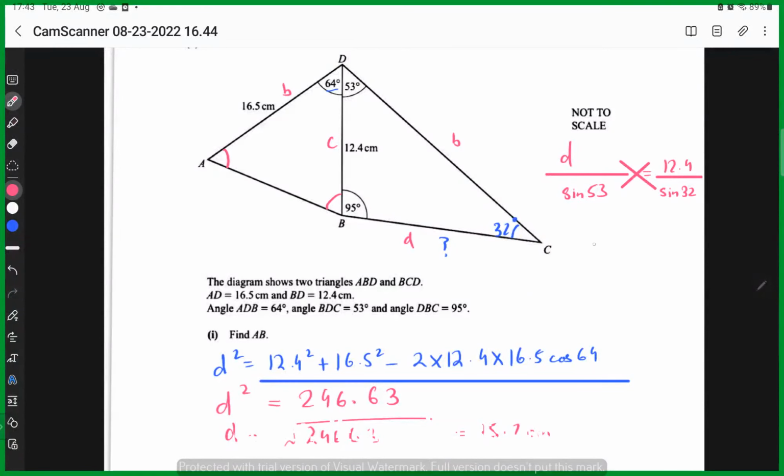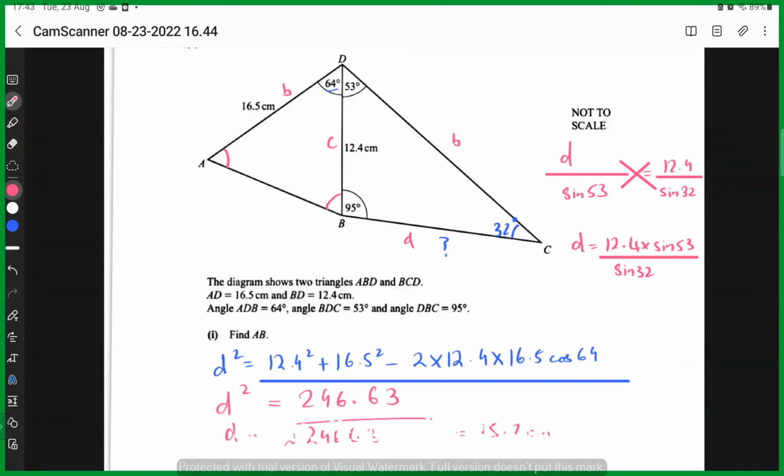So I'll just take sine 53 on the other side, and d would be 12.4 multiplied by sine 53 divided by sine 32. For this, how do we find this value on calculator?